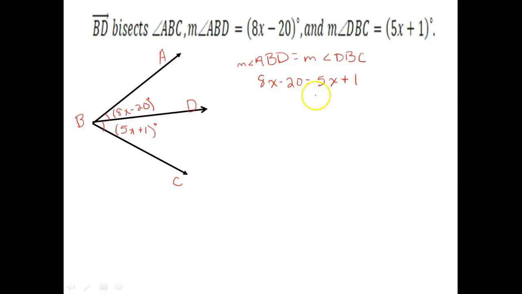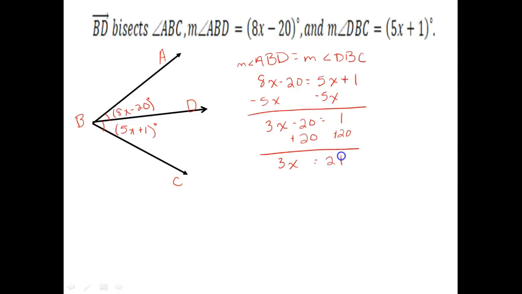I subtract 5x from both sides, and we're just going to solve for x now. So I have 3x minus 20 equals 1. Add 20 to both sides, and I have 3x equals 21. Divide both sides by 3, and x equals 7.